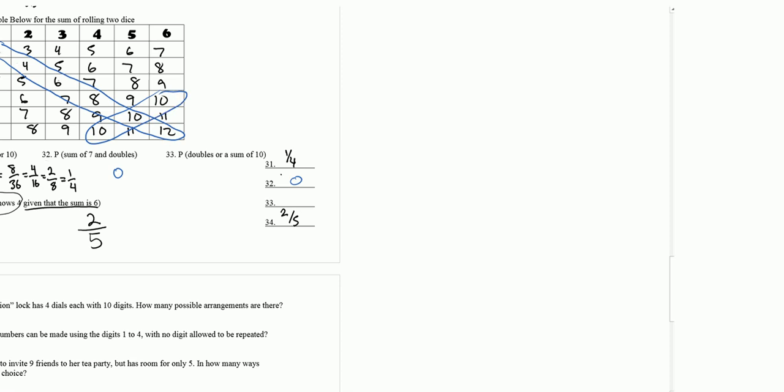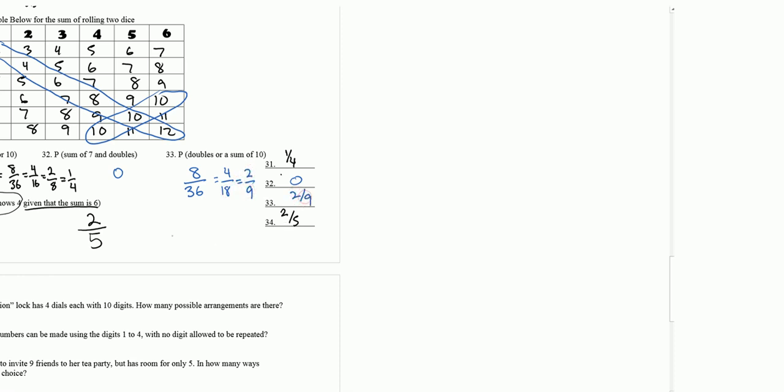I got 1, 2, 3, 4, 5, 6 doubles, plus 2 more that are not part of that. So 7, 8 out of the whole 36. Which is going to give us, if you cut that in half, you get 4 out of 18. Cut that in half again, you get 2 out of 9.